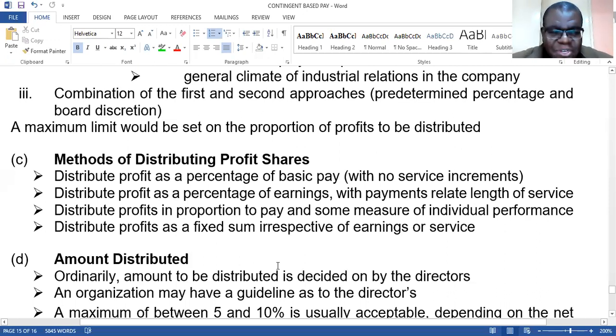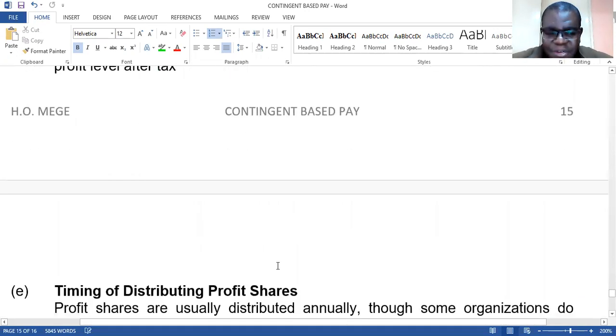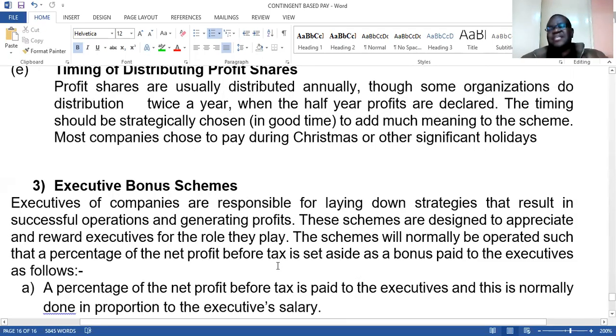What is the method that will be used to distribute the profit share, what will every individual receive, and what amount will be distributed? Usually, the employees will be entitled to receive a percentage of the net profit after tax. Then this is shared between the eligible employees.